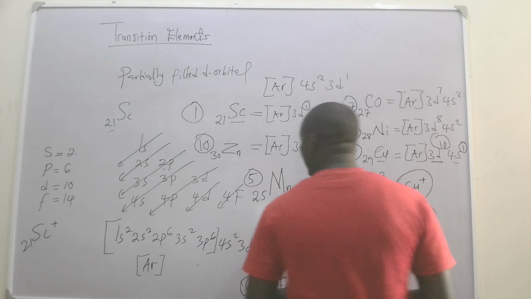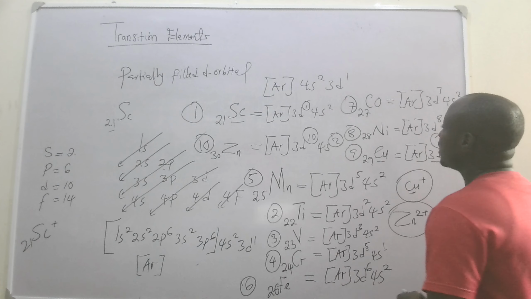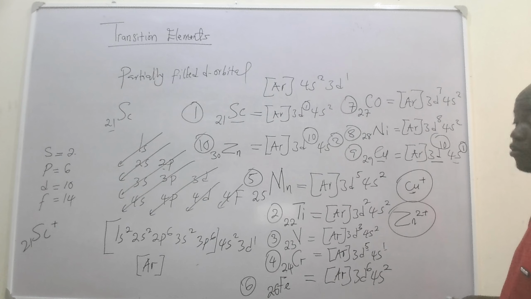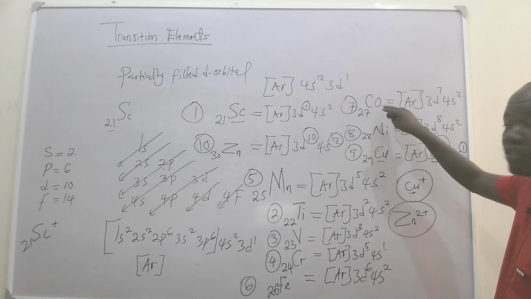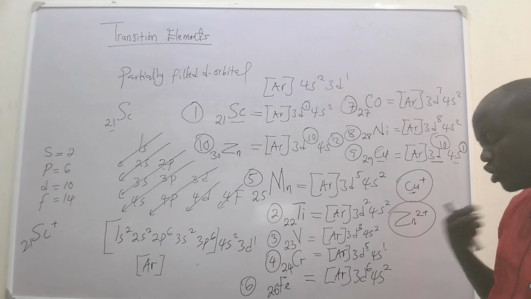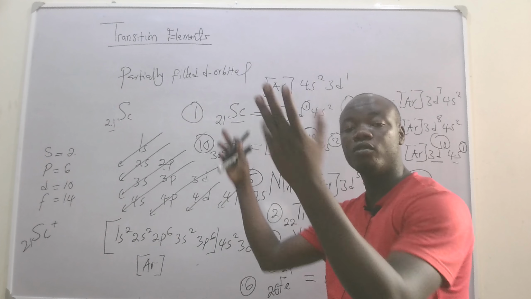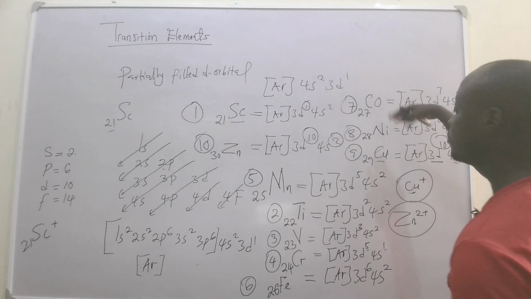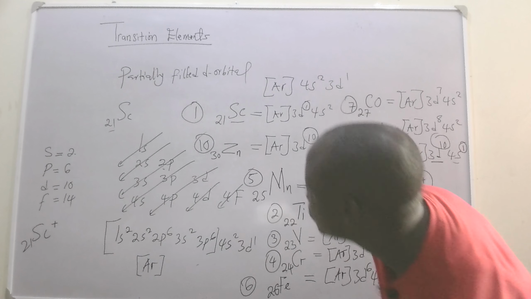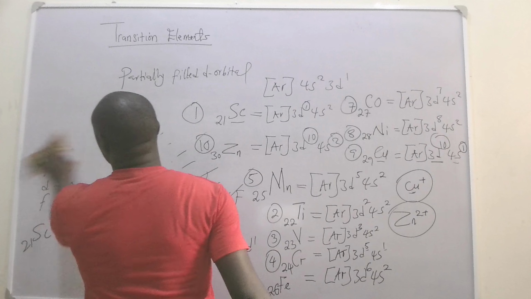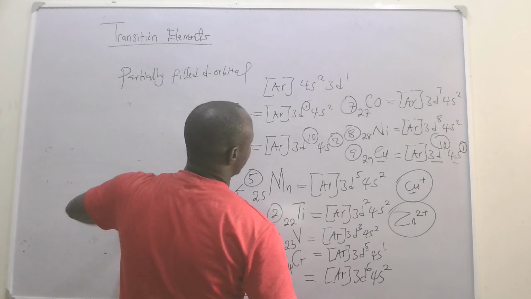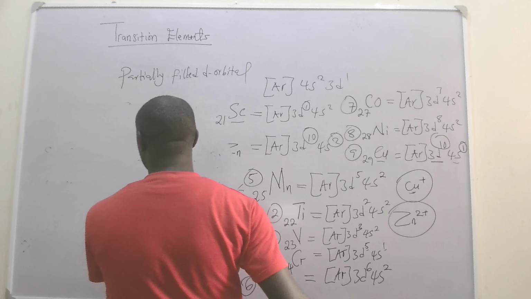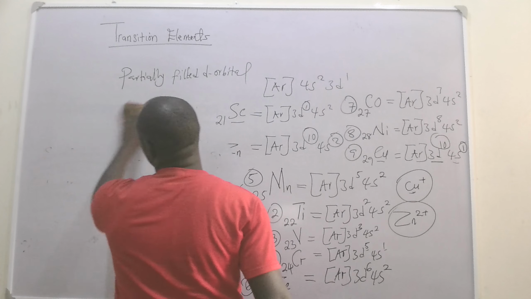Let's say you are asked to determine the position of the 25th electron in cobalt. How do you determine all 4 quantum numbers of the 25th electron in cobalt? It's simple. Let me just click here so that you can determine the quantum numbers of the 25th electron in cobalt.